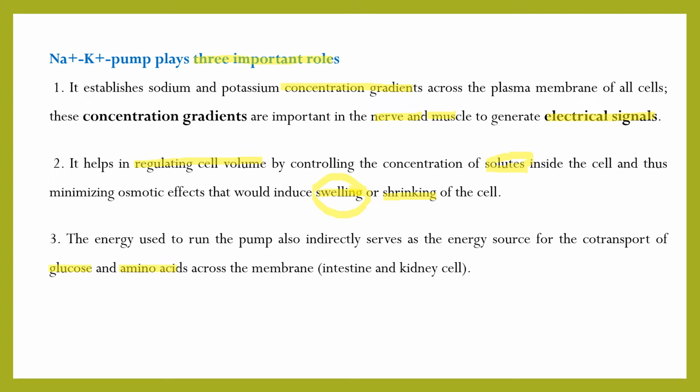Specifically, cells of the intestine and kidney can use this energy as an indirect source of energy to transport glucose and amino acids through their cell membrane.